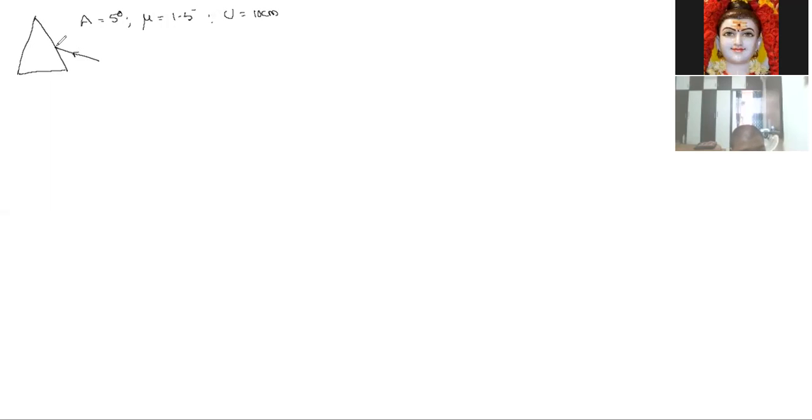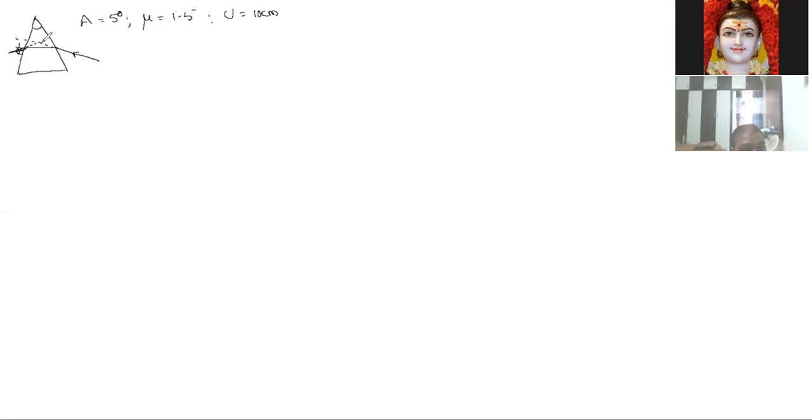Since the angle is small, whatever distance it travels inside is almost negligible. Finally, suppose it comes out like this. Instead of going like this, it went in this way.